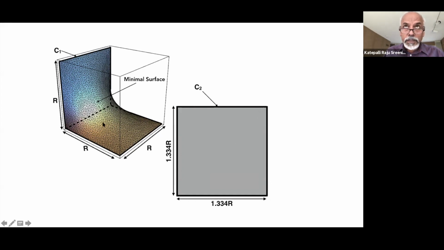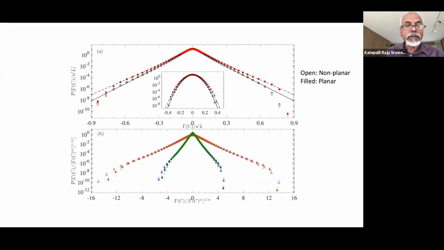Now you can do the computations, and you can plot here the probability density of the circulation as a function of the circulation itself. And what you find is the open circles are for the planar areas, and these red ones are for the non-planar. In fact, they don't agree in these absolute units. But if I normalize by its own standard deviation, as we have done here, they collapse up to let's say 10 standard deviations.